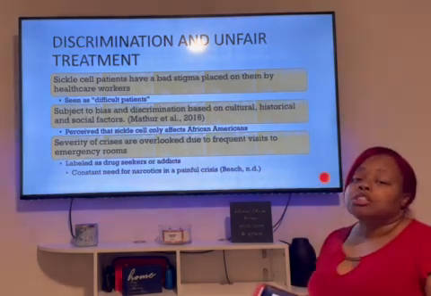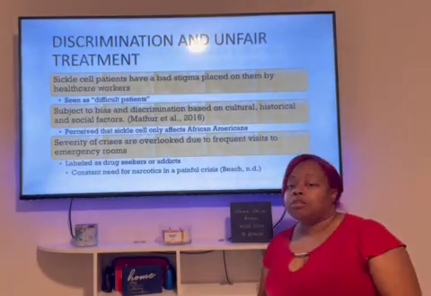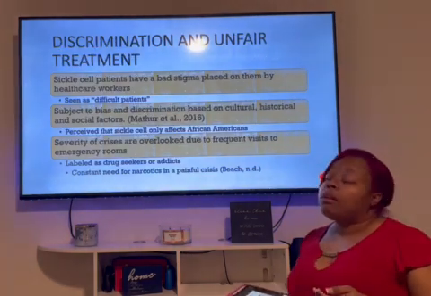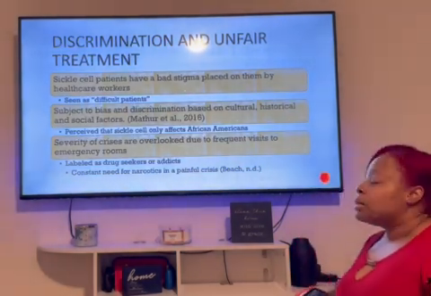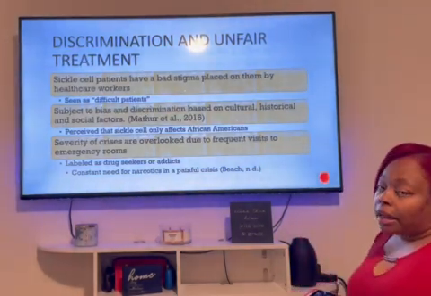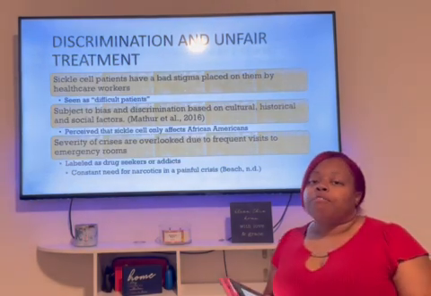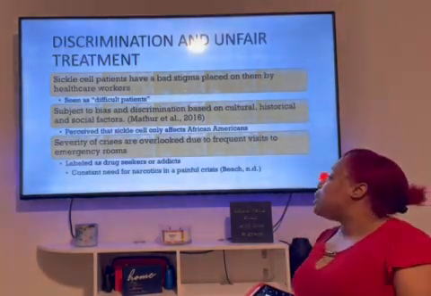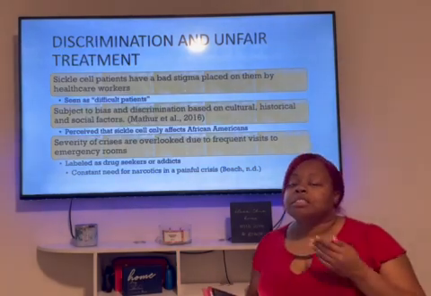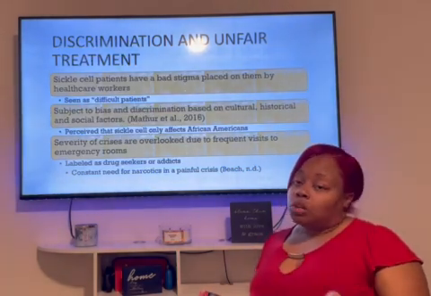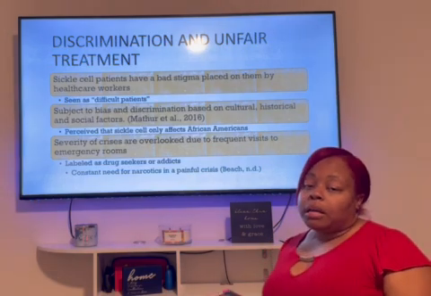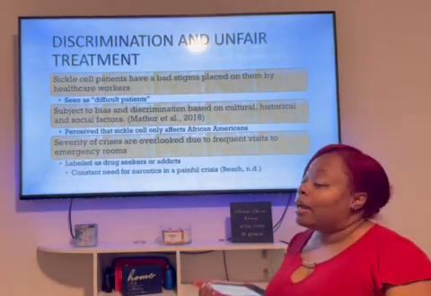They try to manage it at home, but once they're not able to manage those crises and that pain at home, their only option is to go to the hospital. Sometimes they are called frequent flyers. There are people who have more pain crises within a short amount of time than others. It doesn't necessarily mean that they're seeking drugs, because trust me, they are not there to seek drugs. They are there to get help because the help they had at home is not helping.